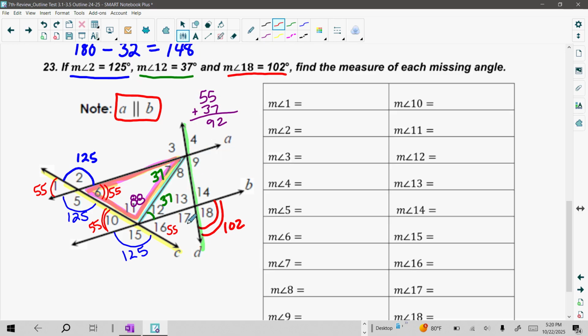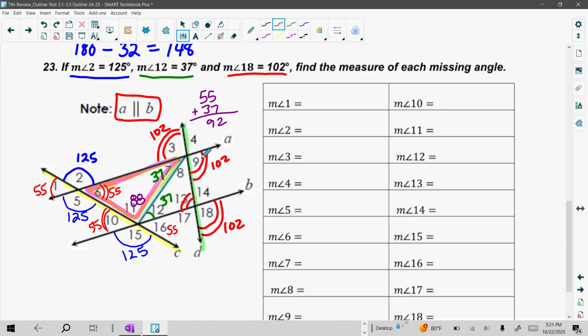That's 14, 17. So right off the bat, I see my vertical. I also have corresponding. 18 corresponds with 9, so it is also 102. And 9 is vertical to 3, so it is also 102. So I would fill in everything on here and then fill in the table.